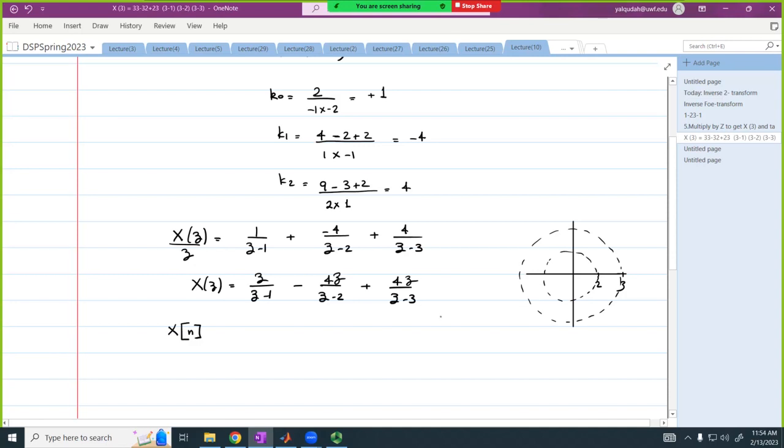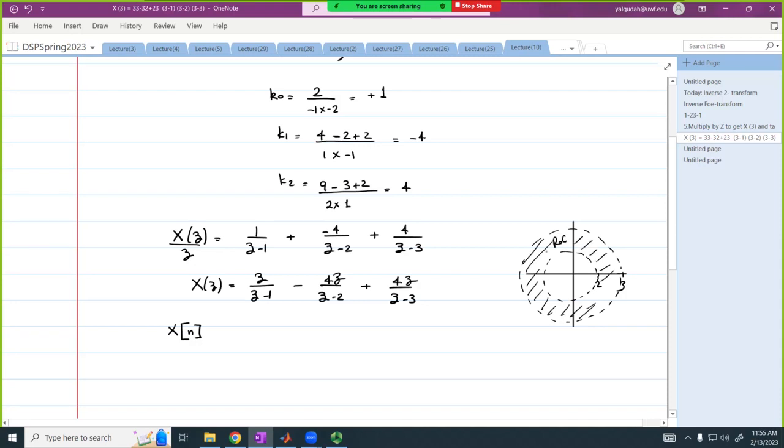Is this sequence going to be right-sided, left-sided, or two-sided? Two-sided. Because it's an annular ring, it's going to be two-sided. This is our region of convergence.